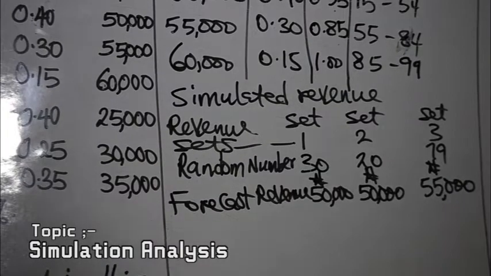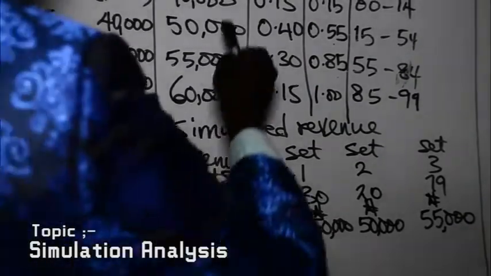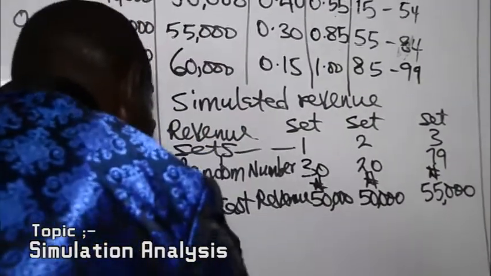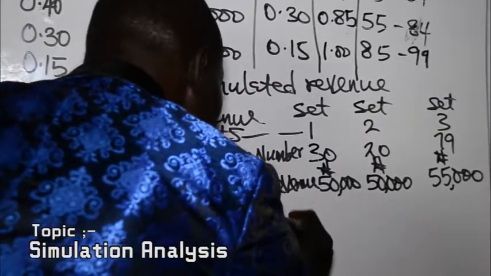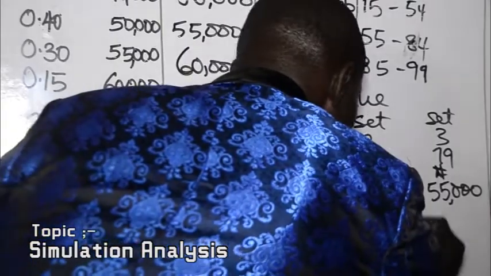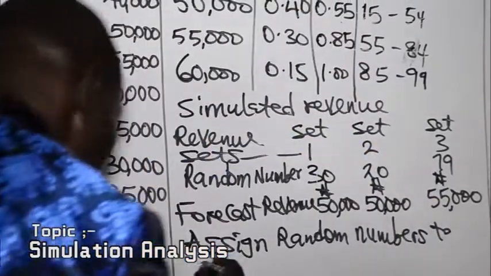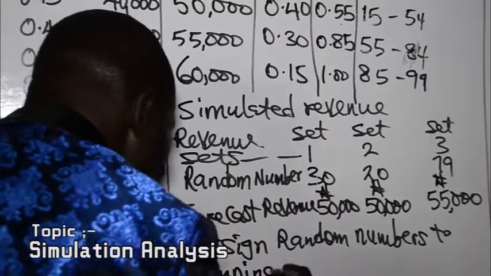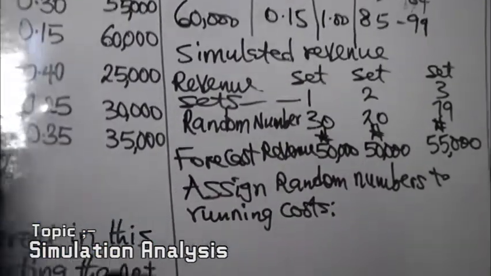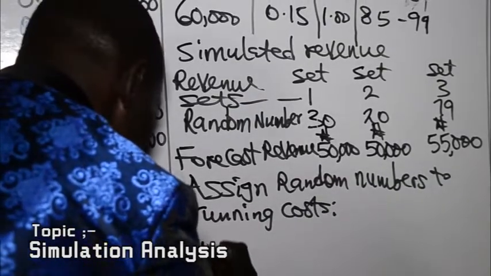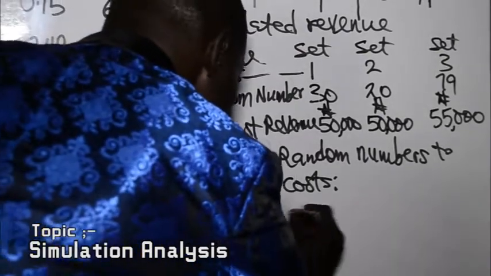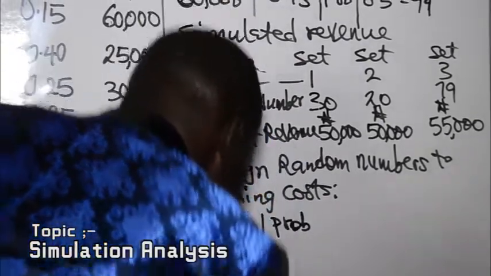The next thing is to assign random numbers to our running cost. So we have our running cost and the probability of the running cost.